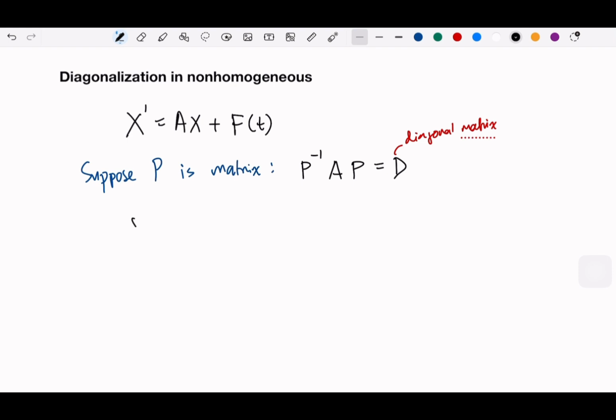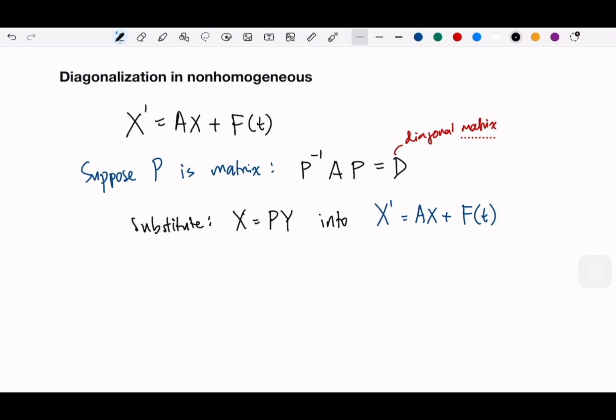And then substitute x equals Py. Okay, we introduce y within this system, so we substitute x.